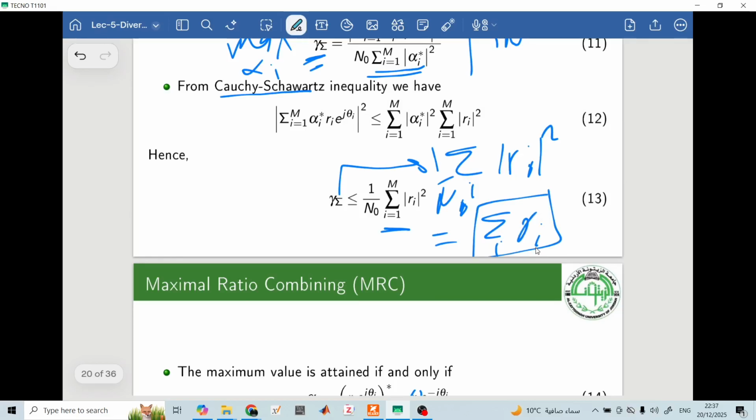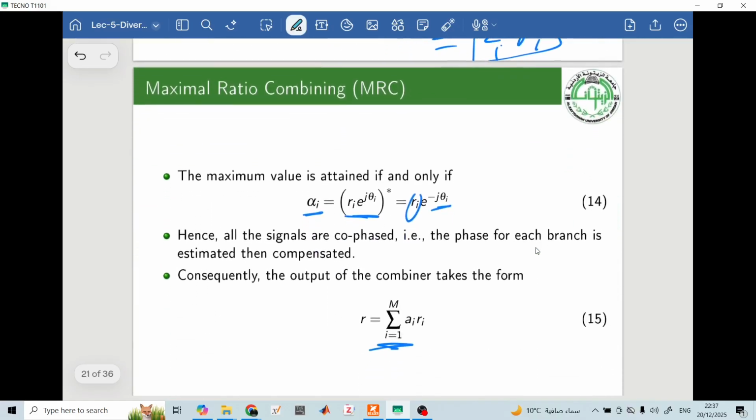The output SNR for the MRC is actually the sum of all of the SNRs coming from all the branches. So here you are efficiently using the available data and available power, right?